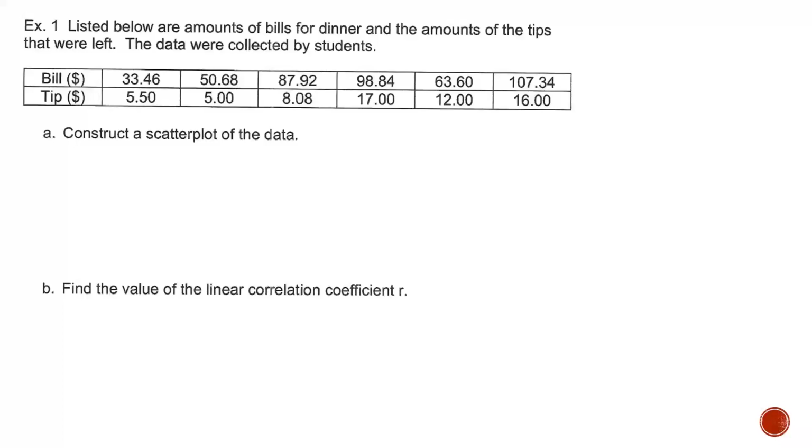So let's do that. Let's go back to our account. Here's our data, our bill and our tip. Let's go to our data and put it into our calculator. You're going to finally start doing some stuff that we didn't do before. I'm going to press stat, edit, and this is where I type in my list.